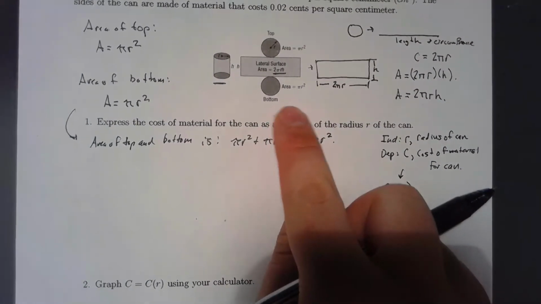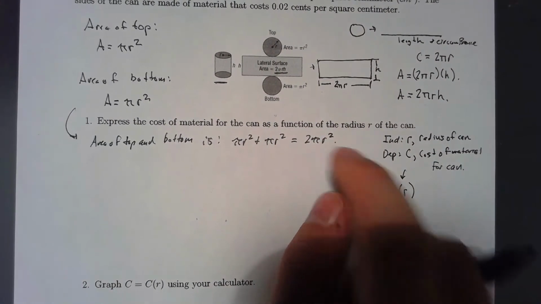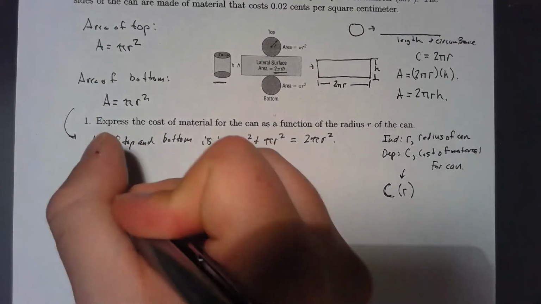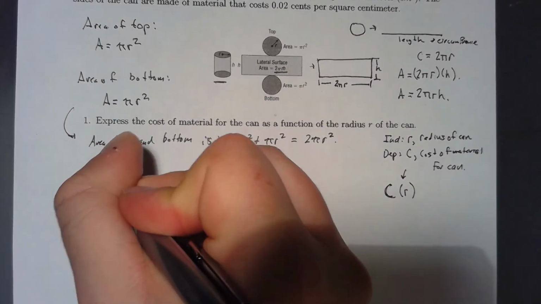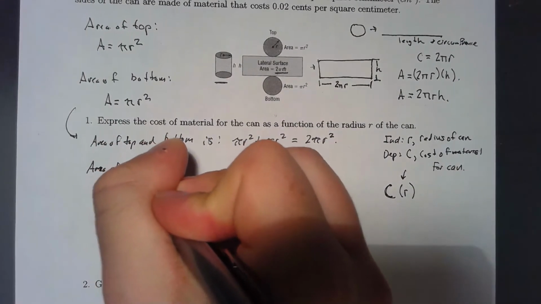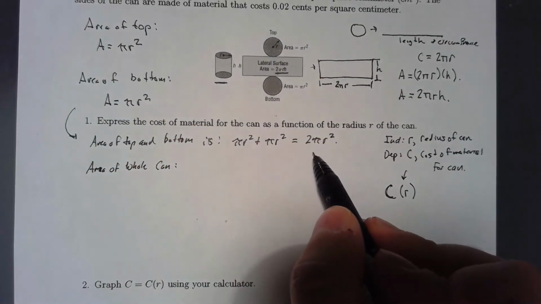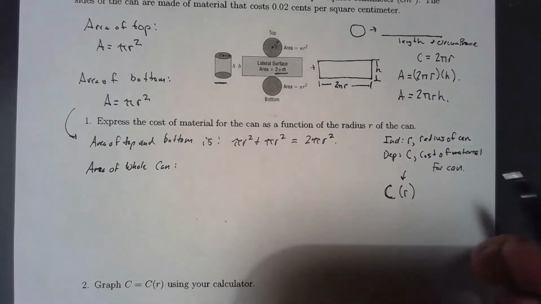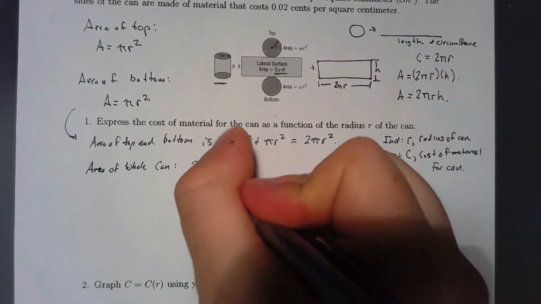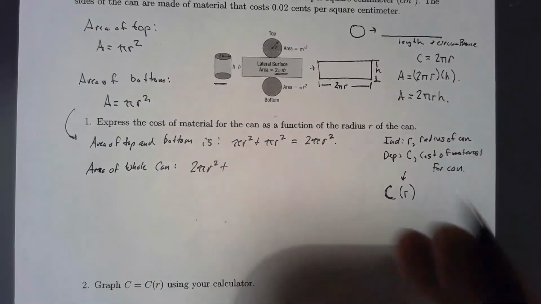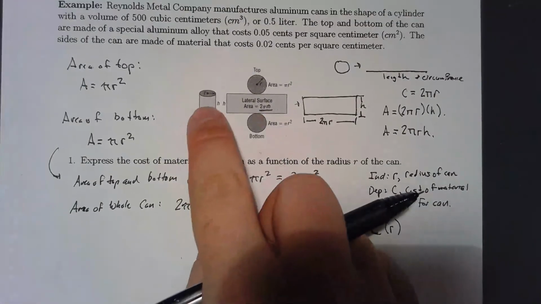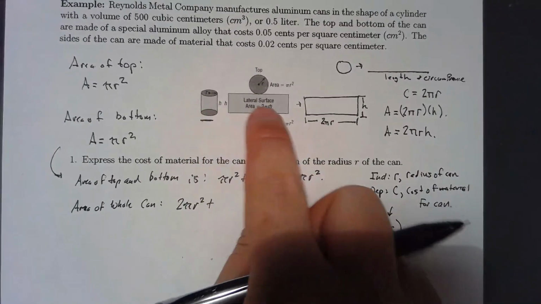So the area of the whole can is the area of the top and bottom, which is 2 pi r squared, plus the lateral surface area.